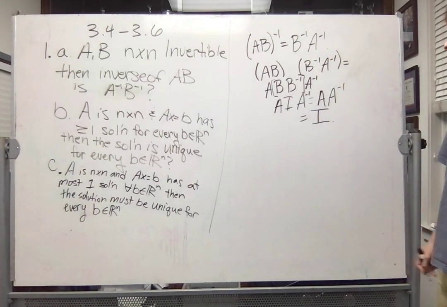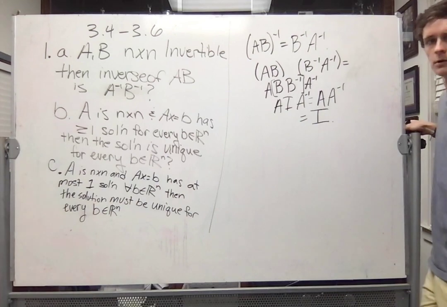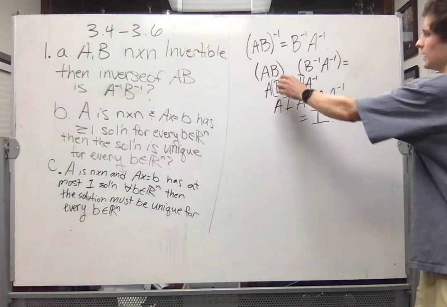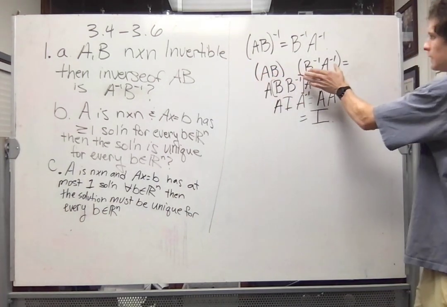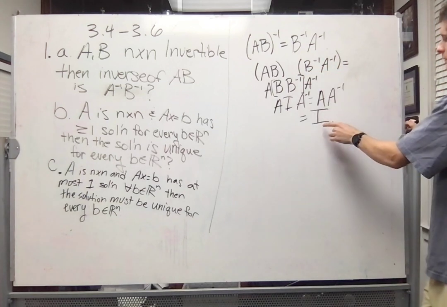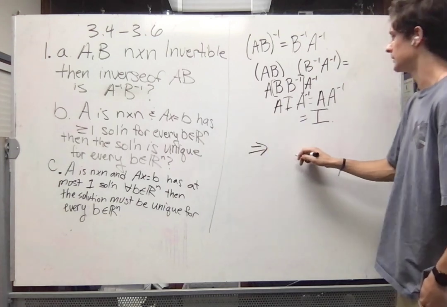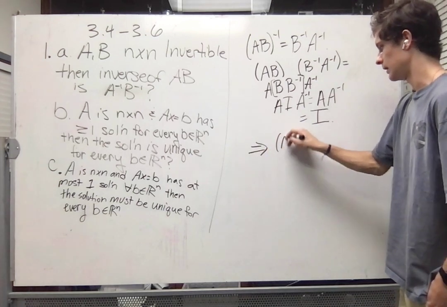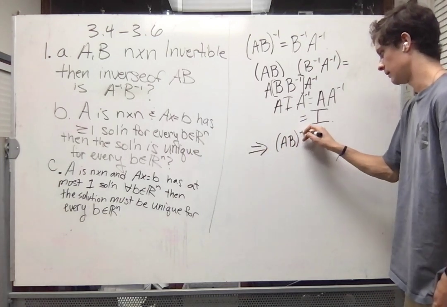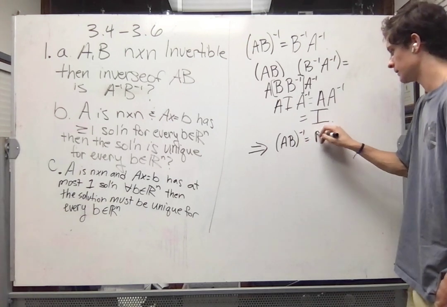So what did we just show? We just showed that when I multiply AB times B inverse A inverse, we get the identity. This automatically implies that the inverse of AB is B inverse A inverse.